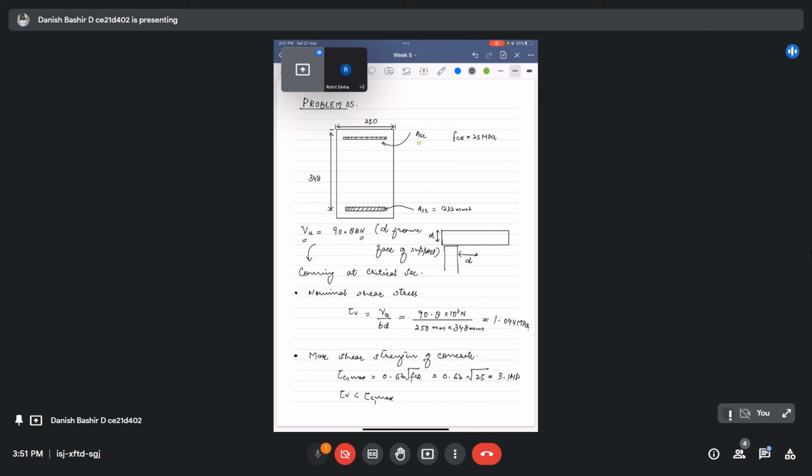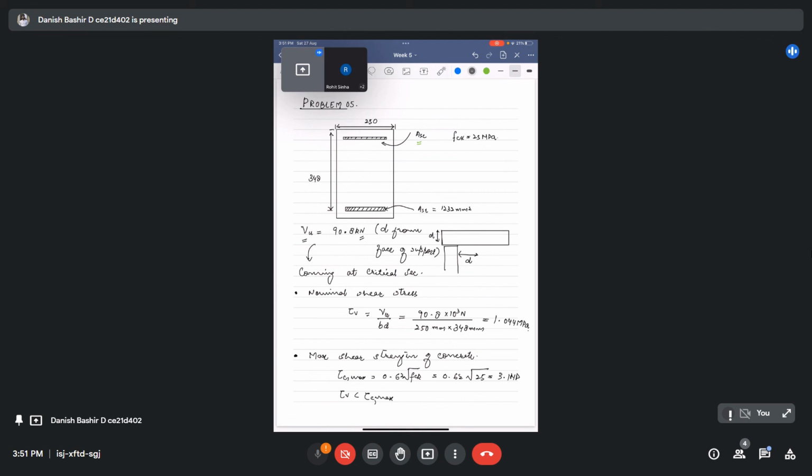From factored shear force, your first step is calculation of nominal shear stress. Second thing is the checking of your section whether it is adequate or not. That is by calculating the maximum shear strength of the concrete. If the maximum shear strength of the concrete is greater than the nominal shear stress, then you will proceed with that section because the section is adequate enough.